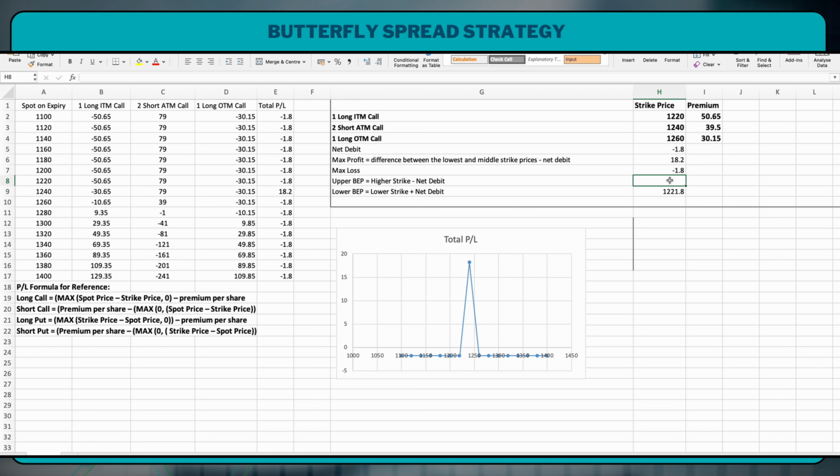The second one is the upper break-even point. For this, we subtract the net debit from the higher strike price. So 1260 minus 1.8 gives us 1258.2. So in short, your profit zone is between 1221.8 and 1258.2. And the maximum profit of 18.2 happens right in the middle at 1240.